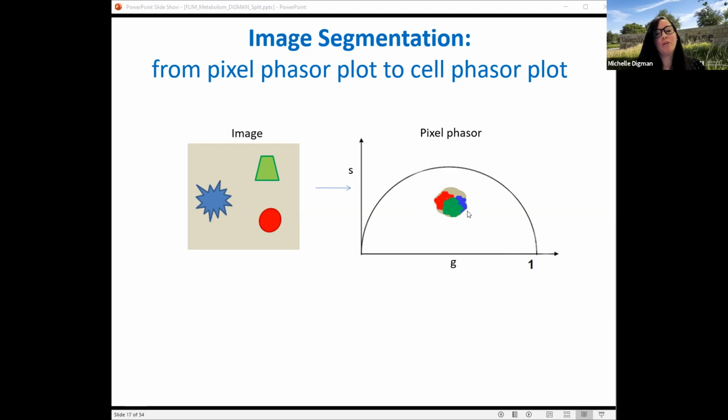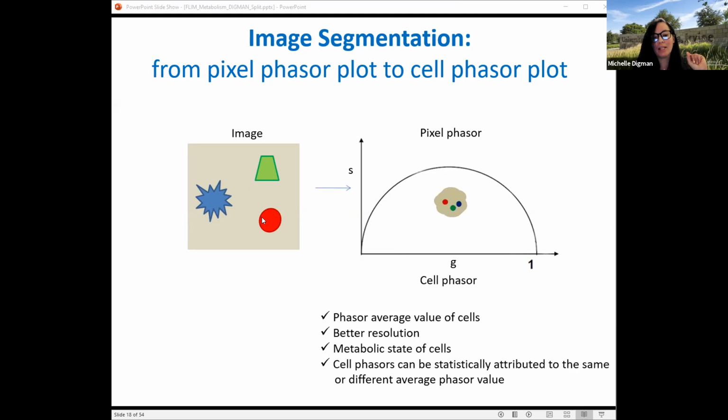But of course, if you are able to characterize the average fluorescence lifetime, or the average Phasor lifetime for each one of these individual components, we can now have a way to distinguish the degree of separation from each one of these components.